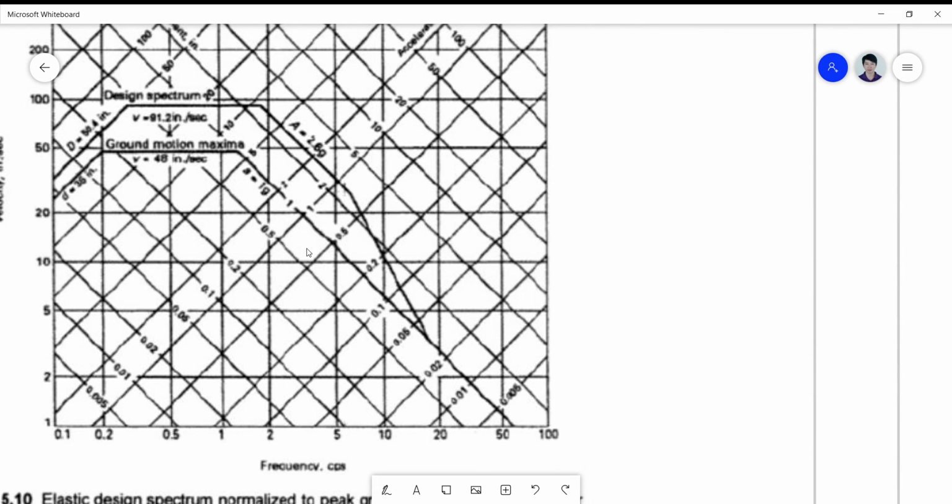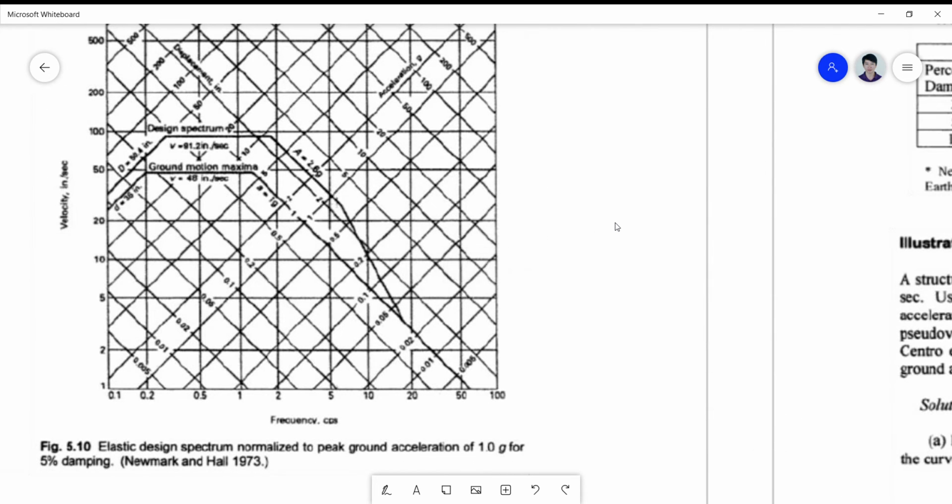Okay, so the only reason why I separated this is because the other spectral graphs, when I talk of the design spectral graph, are obtained by simply taking into consideration this first graph here on the ground motion maximum gravitational acceleration of 1.0 g.